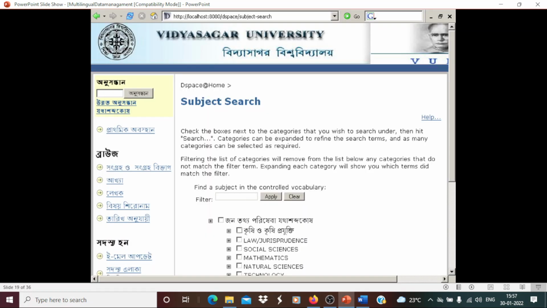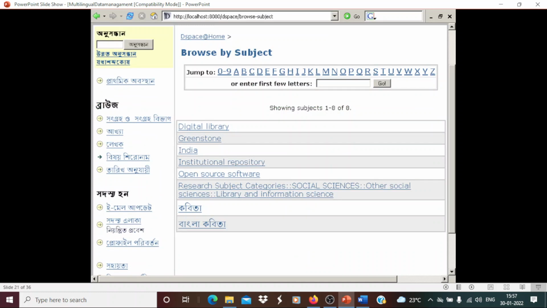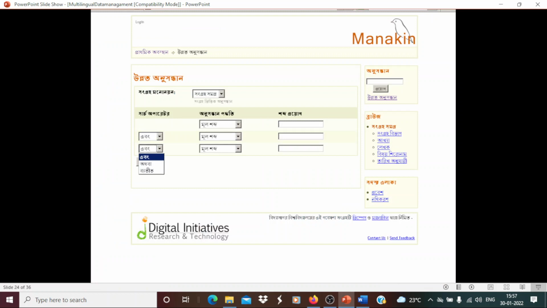We developed way back in 2004-05 the complete Bengali language interface of DSpace for one of our universities. Then it can retrieve, it can browse, you can search, the interface, everything you can do. Another interface of DSpace, the Mirage theme, we have converted into Bengali.